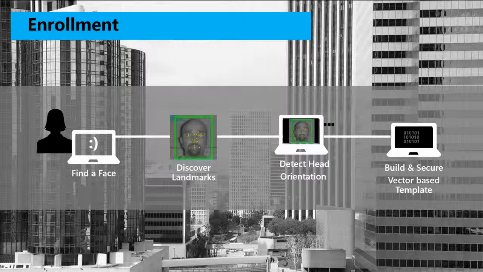When you have glasses, you can enroll without glasses, and you can repeat the same enrollment process with the glasses. It means if you forget to take your glasses off and look at the camera with glasses, we will recognize you, and if you take your glasses off, we still recognize you.